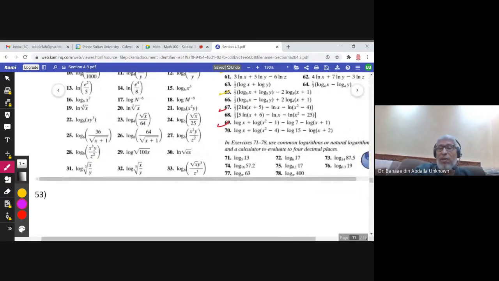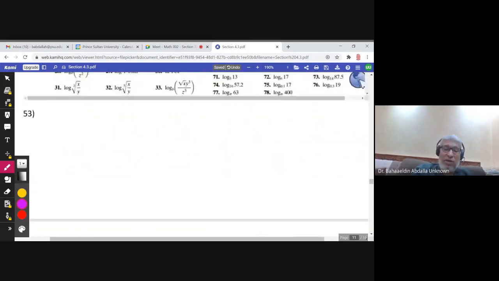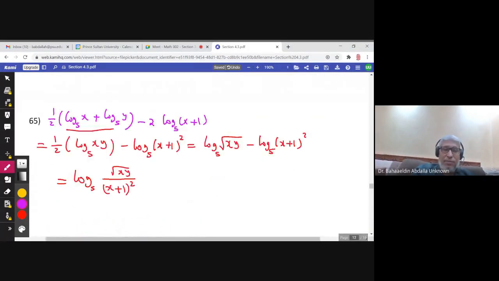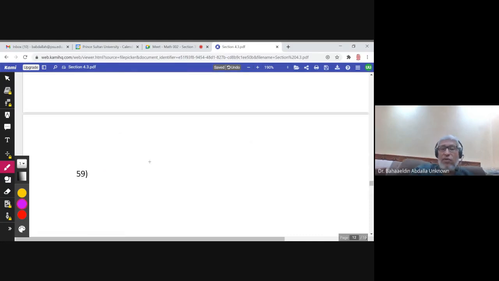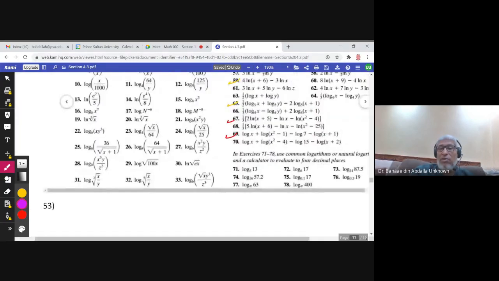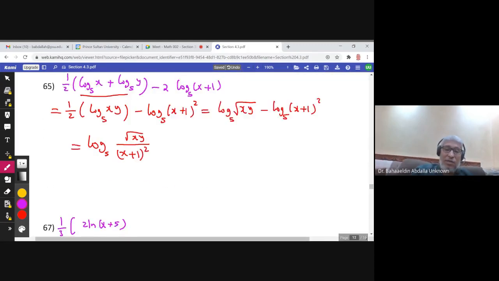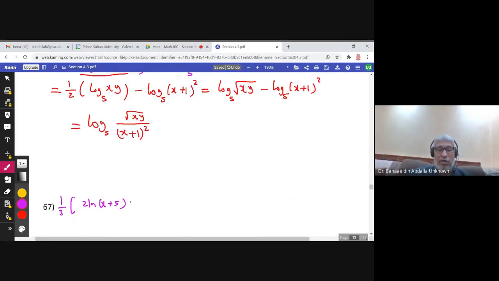Let me solve 67. 1 over 3 times 2 ln x, there is no parenthesis, 2 times ln of x plus 5, minus ln x, minus ln of x squared minus 4.